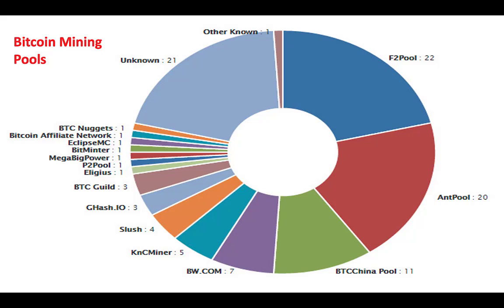They do most of the transactions, they own most of the currency. So this decentralization that was thought to be happening with cryptocurrency seems to be not working so well.